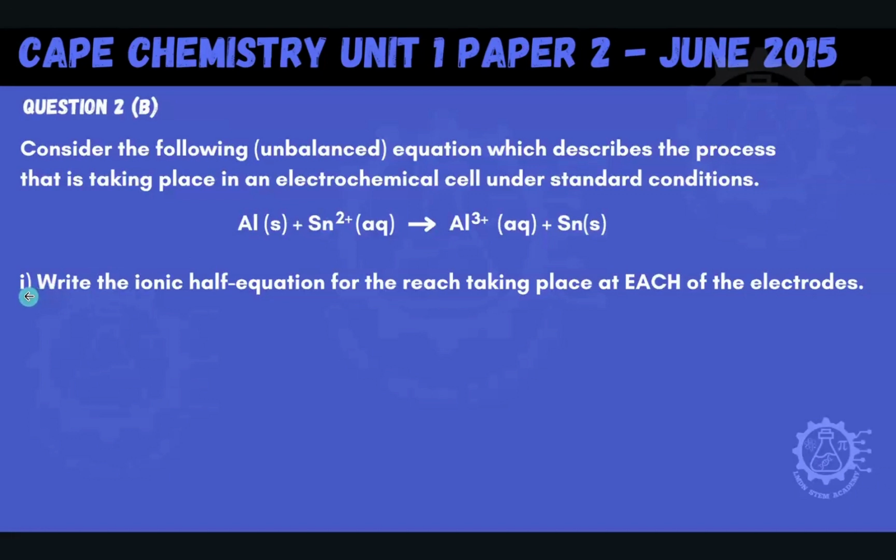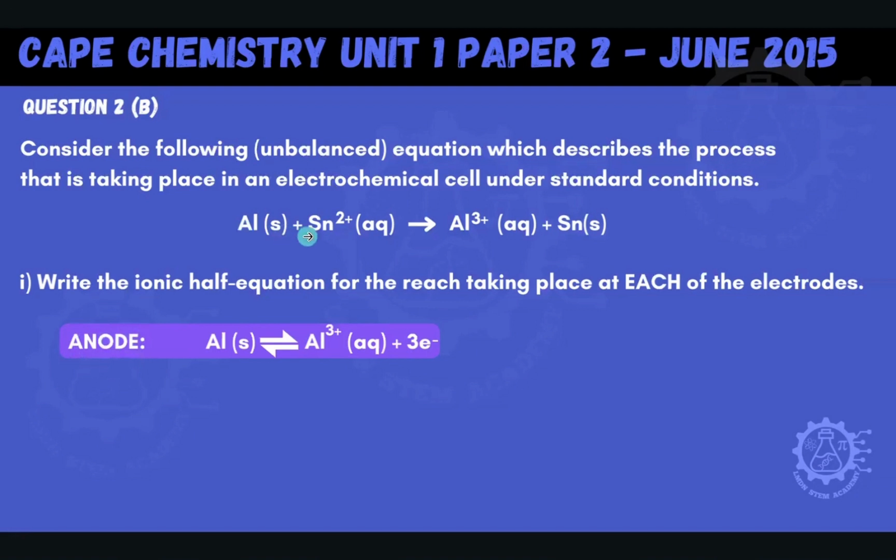So that's the reaction that's taking place in the electrochemical cell at standard conditions. So the first question says, write the ionic half equation for the reaction taking place at each of the electrodes, right? Let's start with the anode. We know that at the anode, it's where oxidation is taking place.